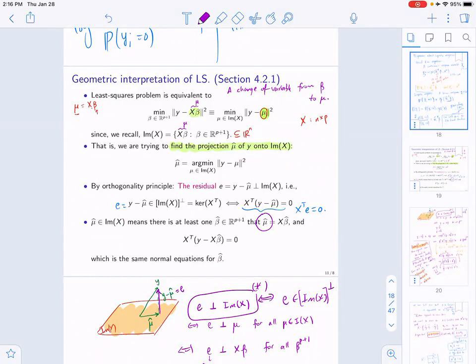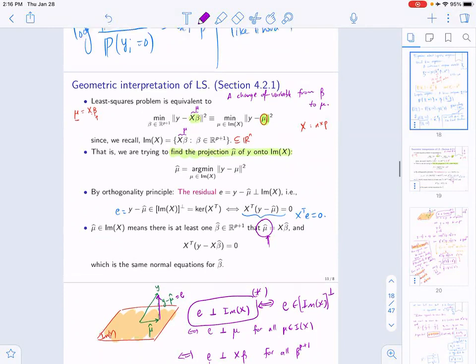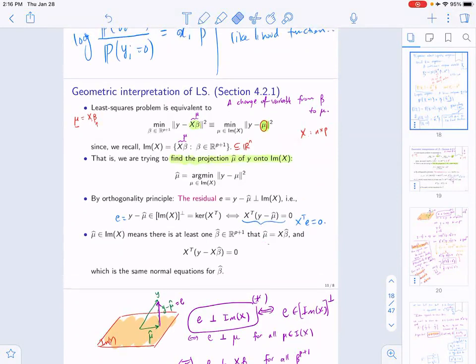Is that the hat matrix, mu hat? It's related to the hat matrix, which we'll see. But technically it is a vector, n by 1, so it has entries. The entries are the fitted values. If you go back to your previous courses, this contains the so-called fitted values.